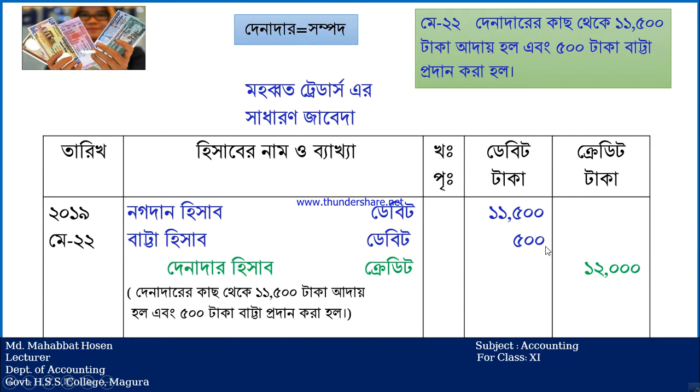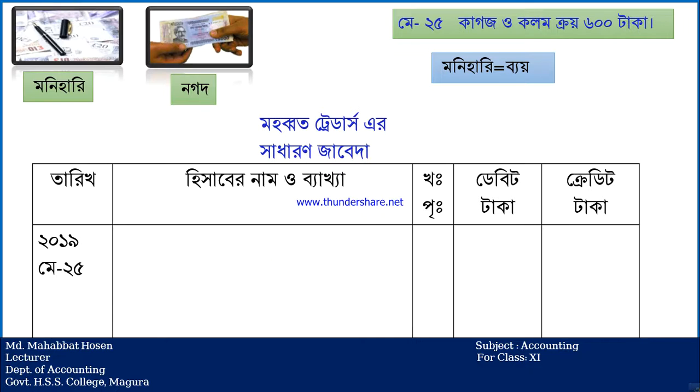That means it is an expense of ours. So discount account debit first 500, and total account receivable has to be set aside. That means total receivable has decreased by 12,000. Okay.